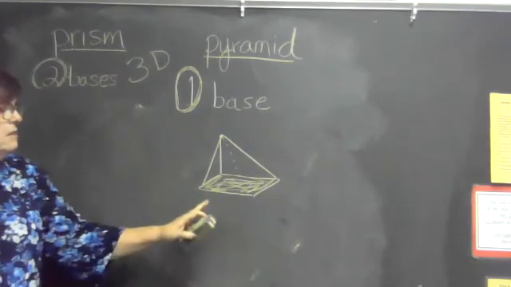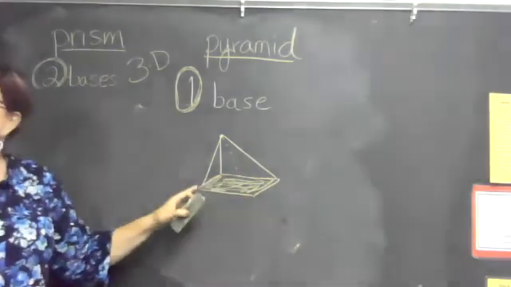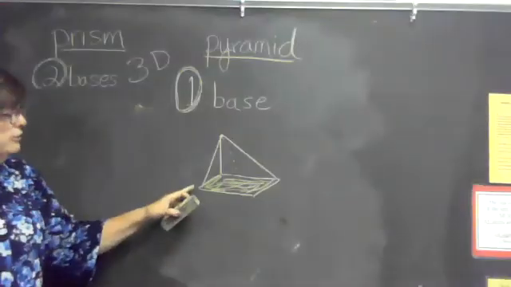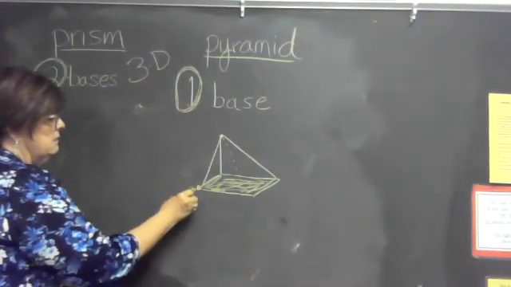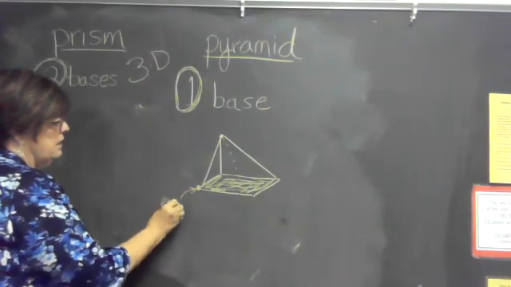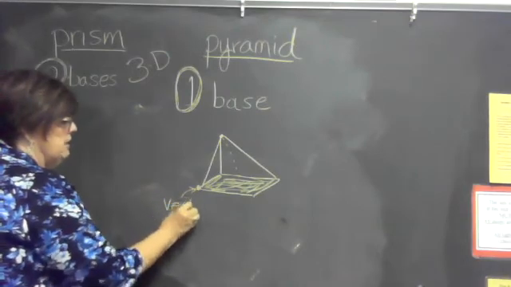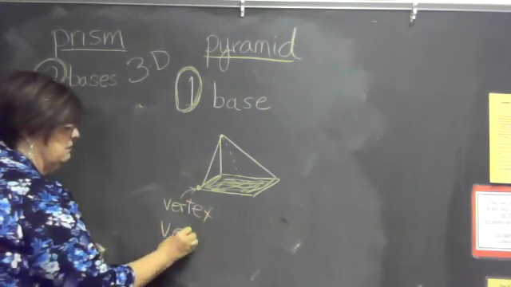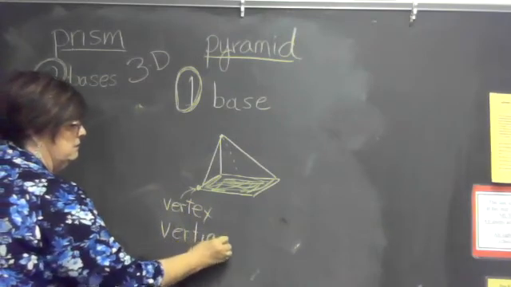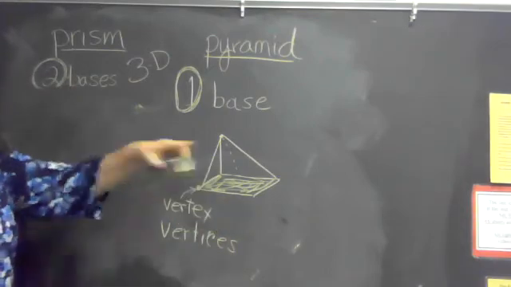And these corners are called a vertex, or vertices for plural. This little thing right here, just so we can get that out of the way, is a vertex. Plural is vertices.